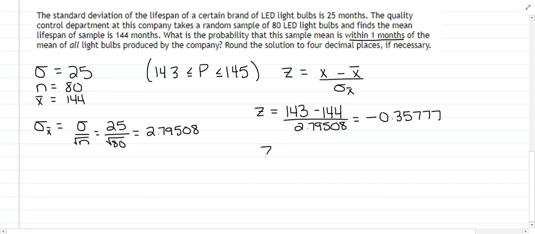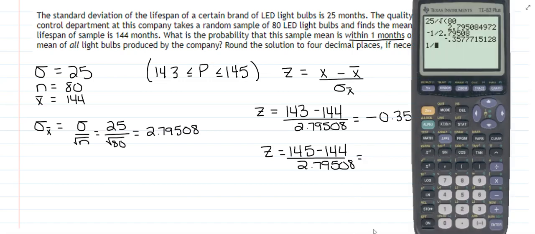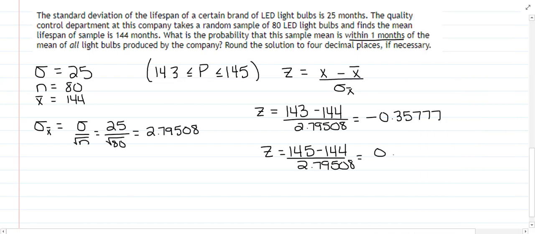And then we need a z-score for 145. So we'll do 145 minus 144. So that's +1 divided by 2.79508. So that is going to give us positive 0.35777.